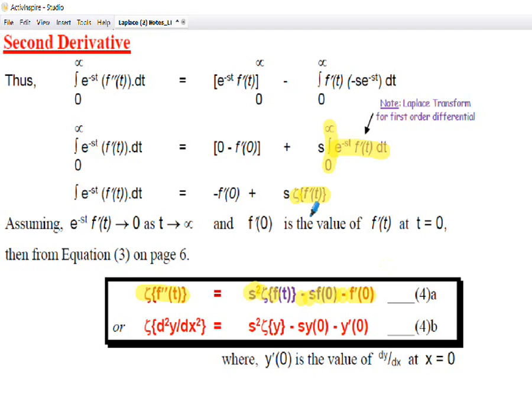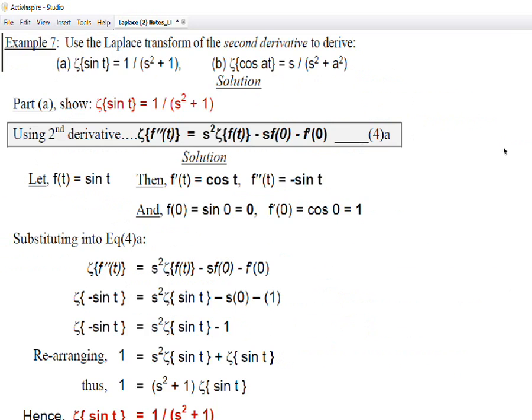So a slightly more complicated expression, although it does incorporate within it the first order solution of the Laplace transform. I've just written it underneath in Leibniz notation, replacing the f double dash by d2y by dx squared and replacing the Laplace transform of f by the Laplace transform of y. It's just different notation. Some textbooks use the d2y by dx squared notation, that's all.